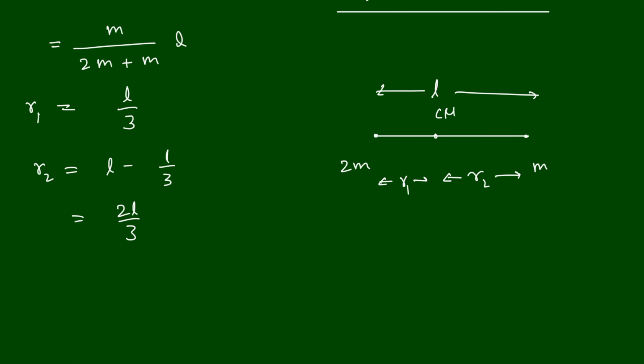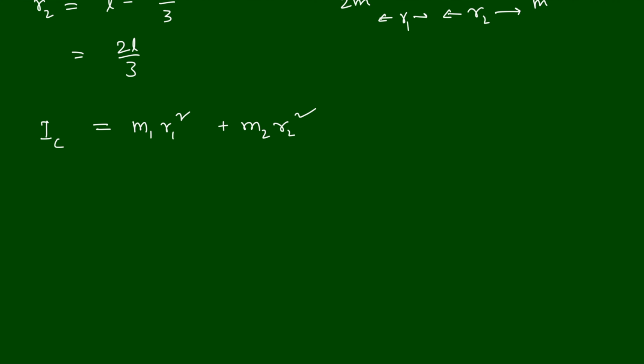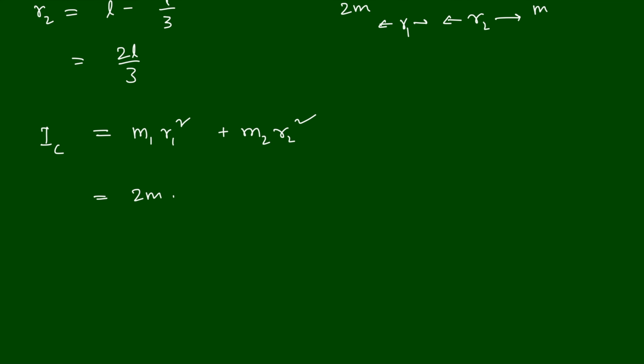Then the moment of inertia about the center of mass you can calculate as Ic is equal to m1 R1 square plus m2 R2 square. So m1 is 2m and R1 is L by 3 whole square, plus m2 is small m and the distance is 2L by 3 whole square.